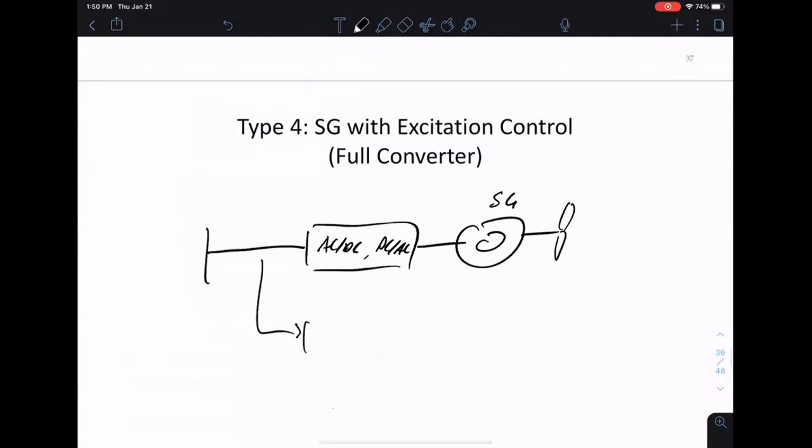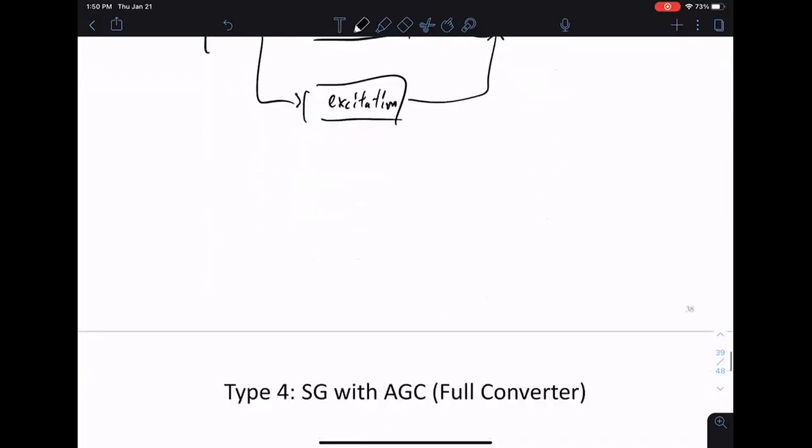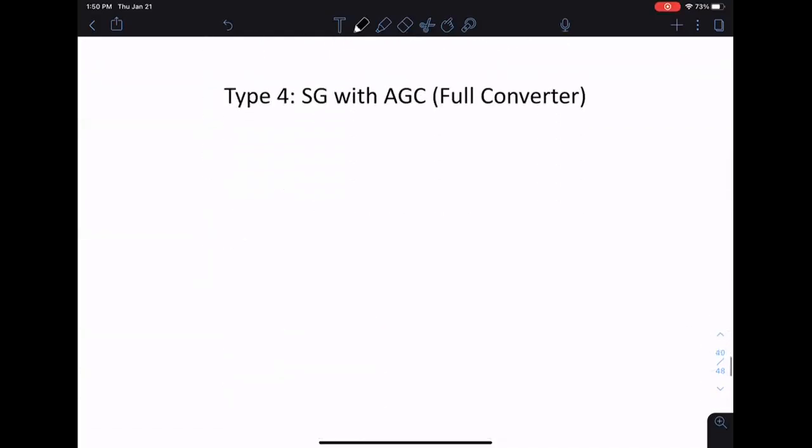Of course, we need to do excitation for this generator, so you have an exciter tied to the synchronous generator. This is fairly easy if we can build good converters, and again it allows us to do full AGC for automatic control.